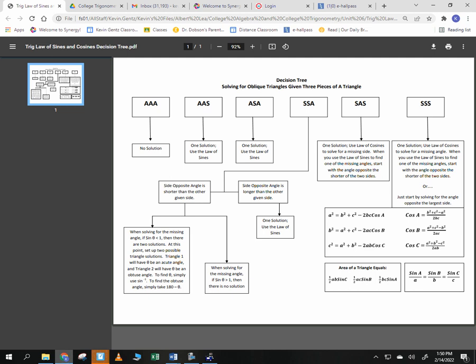Instead, go here. It says just start by solving the angle opposite the largest side. So when we have side, side, side, we start by finding the angle opposite the largest side. C.